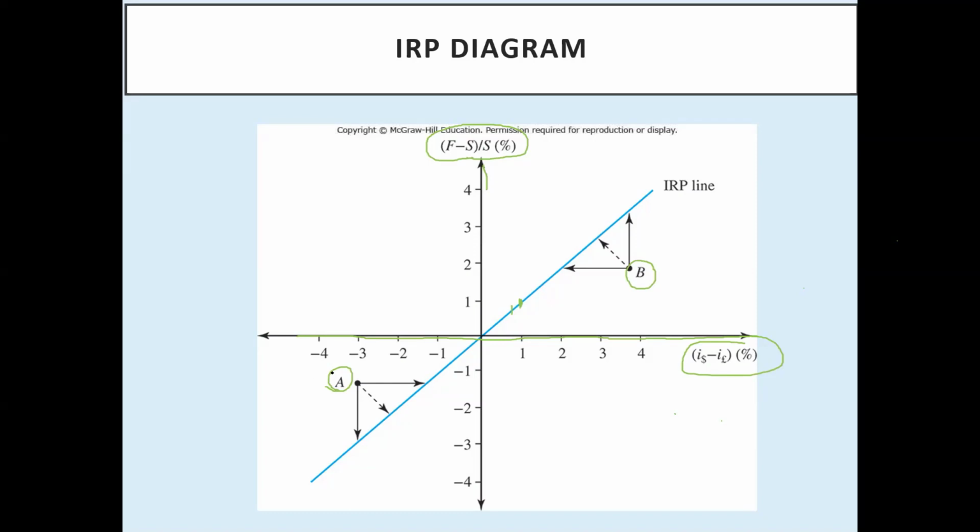So for example, if we look at this point here, which is A, for A, on the vertical axis, it will be minus 3%. So the difference in the interest rate for A is minus 3%, whereas the difference in the exchange rate for A is only minus 1 something, okay?